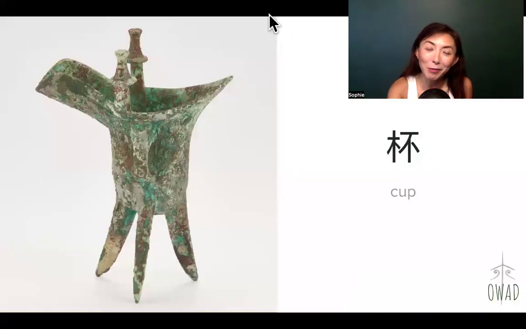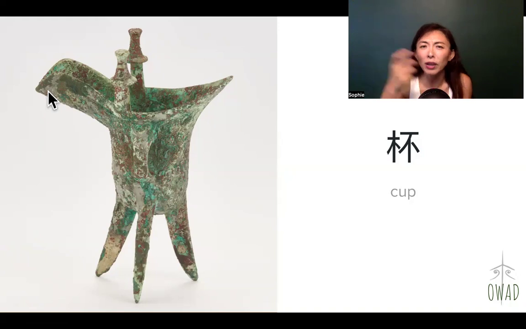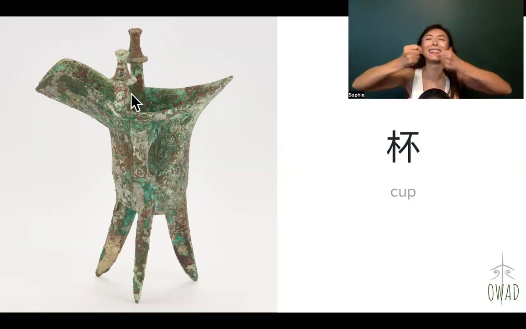Here I'm showing a bronzeware that's about 4,000 or 5,000 years ago, maybe even older. You can see this tripod structure. I'm not sure about this two-headed thing, what that is. But I can see here is the nozzle that you can drink from, right? You cannot drink from the sharp end, but this looks more like the drinking end. And this probably is your hand holder. I'm not sure if I could drink like that.